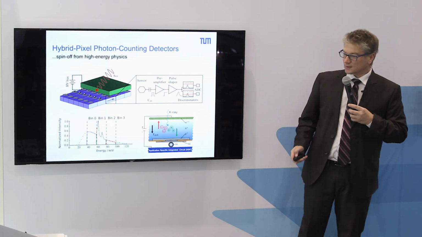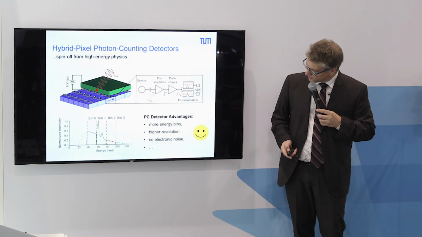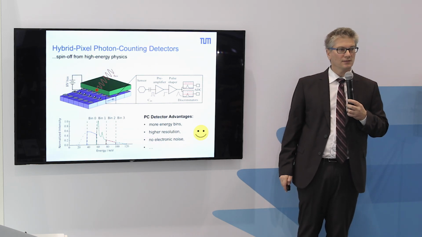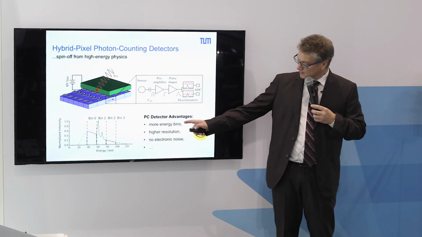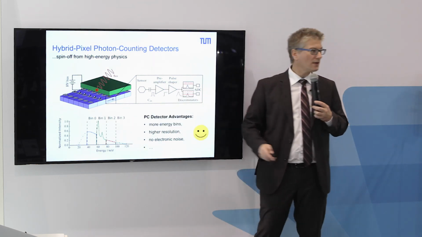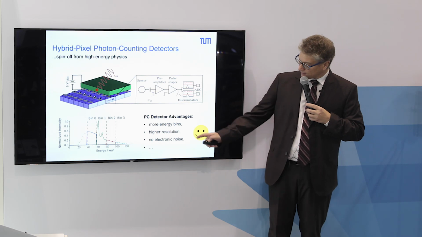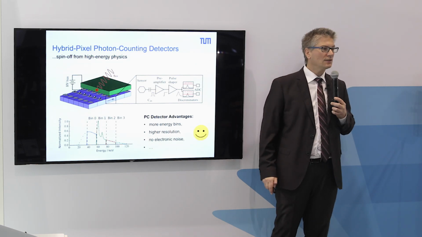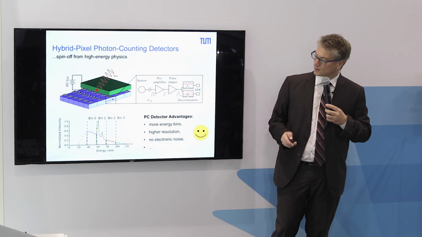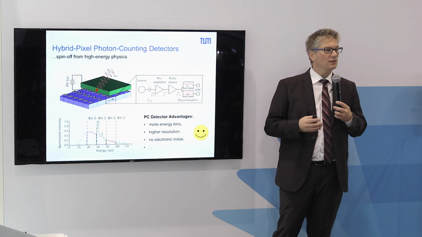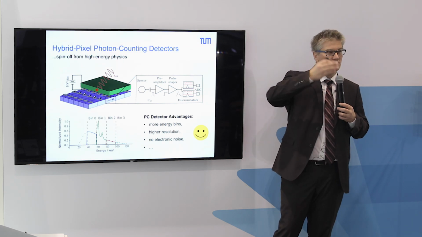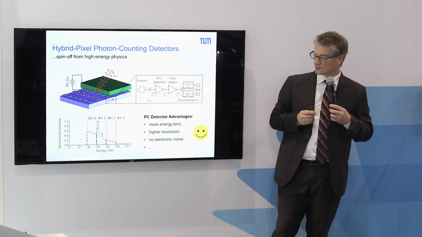I alluded to this a bit more yesterday, but in summary, these detectors have about three important advantages. They have more energy bins to start with, because you can do 3, 4, 5, as many as you like. They typically have a higher resolution than conventional CT detectors, because the pixelated structure is typically smaller and easier to make than present-day clinical photodiode scintillator-based detectors.